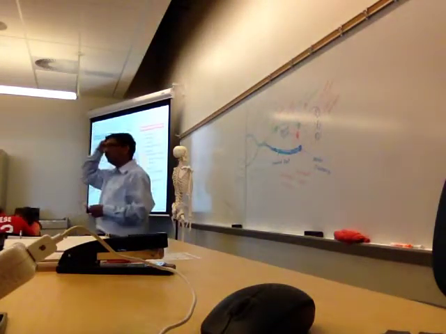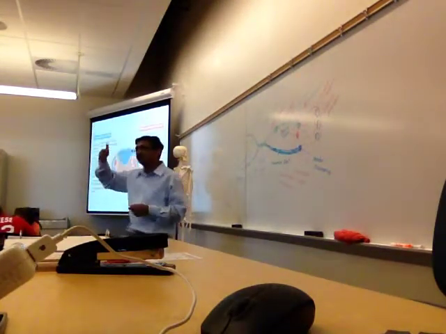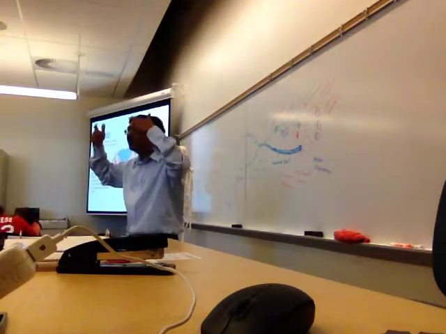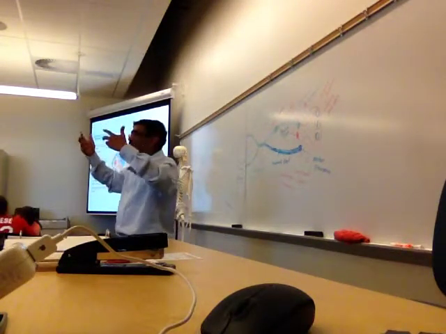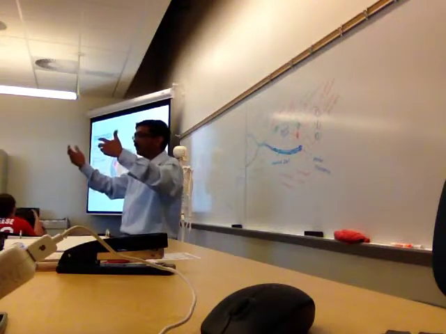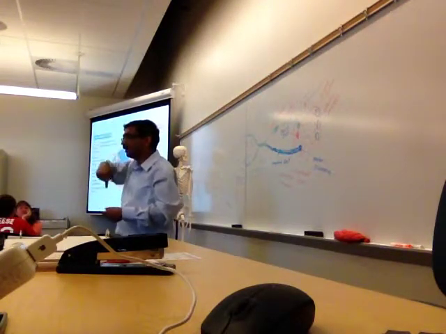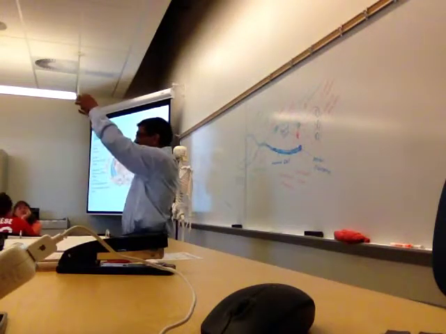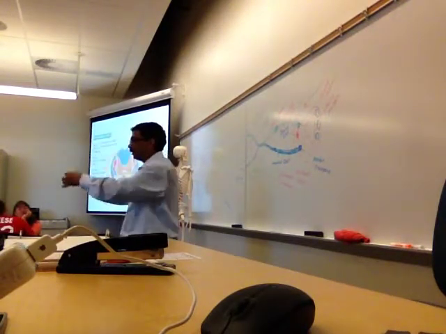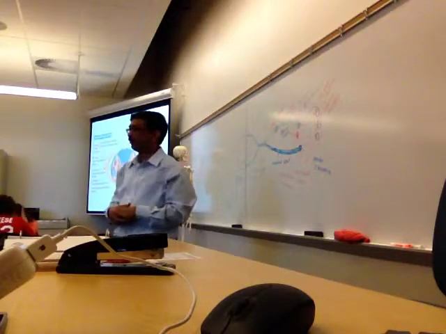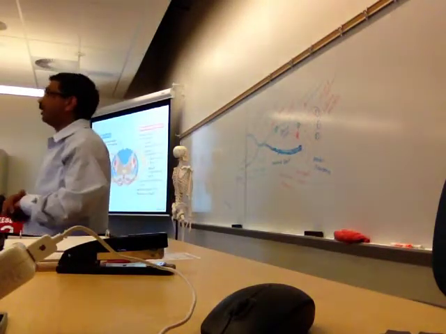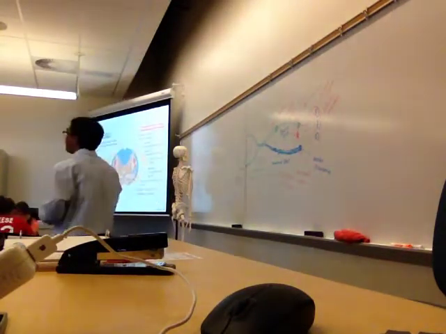Then your brain does what? You already know. First it will integrate, process that signal. Very good. It will integrate, analyze the signal, and then send the signal down. And descending tracts will take the signal down from the brain, out from the brain. And what type of signal is that?